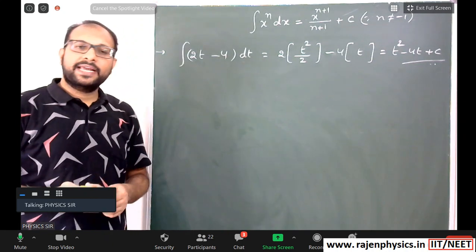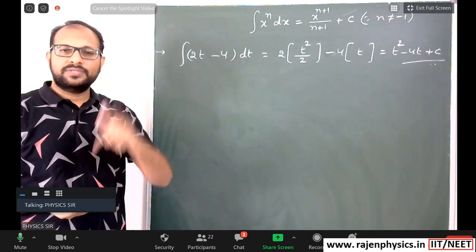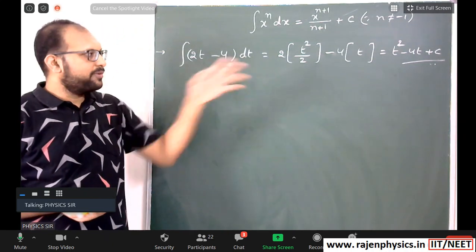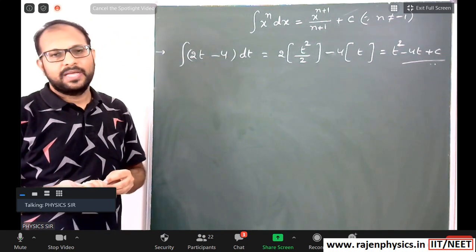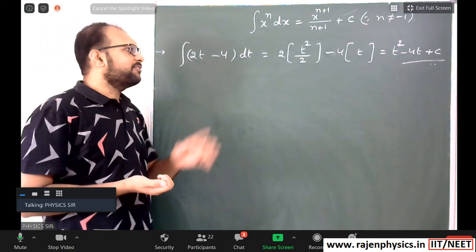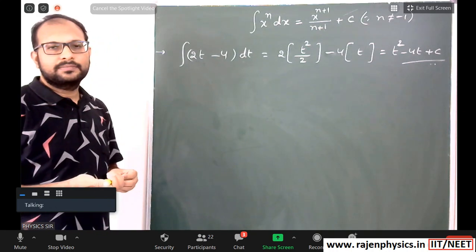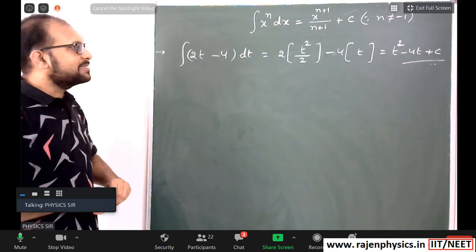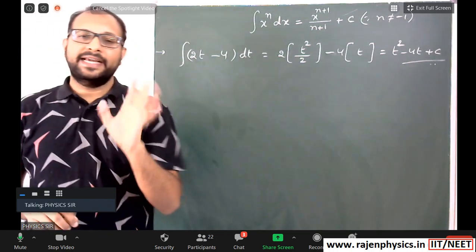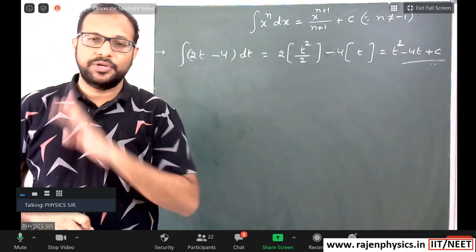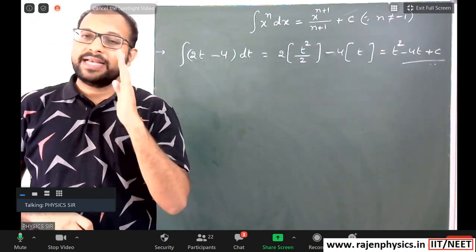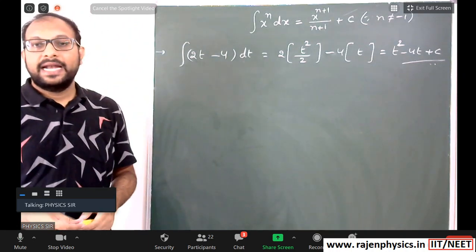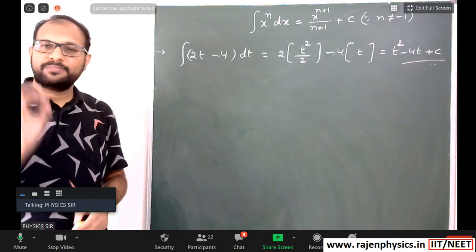That constant we can find now by using the given values. Examiner will give some values, so from that now you can find. So this is the integration of that. Now it is indefinite integration because limits are still not substituted. Now one example on definite integration, now I am explaining this.